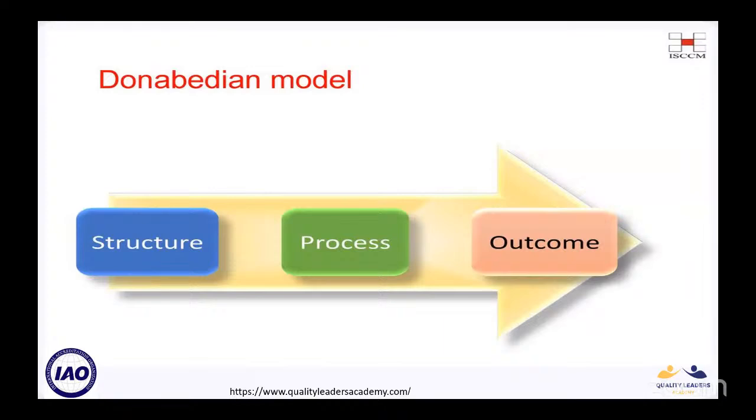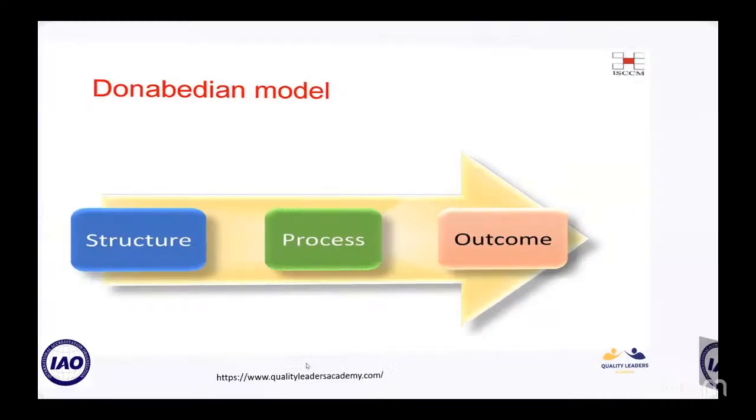And remember, here's the key: they are causally related, meaning structure influences the process and process influences outcome. It's a chain. Structure doesn't directly influence the outcome, but structure influences process, and process influences the outcome.